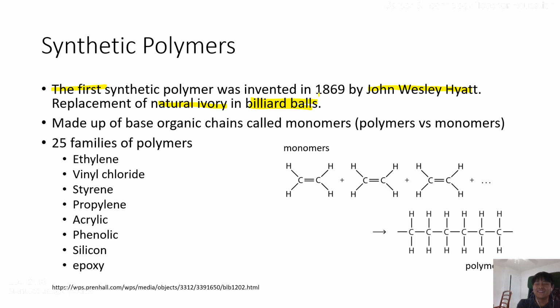In the 19th century, people played billiard games, but they needed more billiard balls. Their primary resource to make billiard balls was ivory from elephants, so they killed a lot of elephants. But to replace natural ivory, people finally invented a synthetic polymer that resembles natural ivory in shape and mechanical property. So that's a good thing, right?